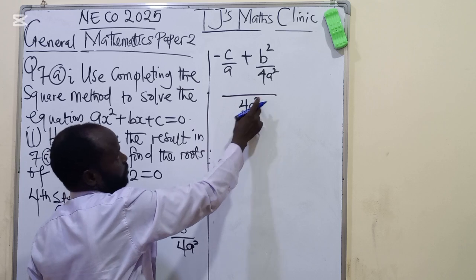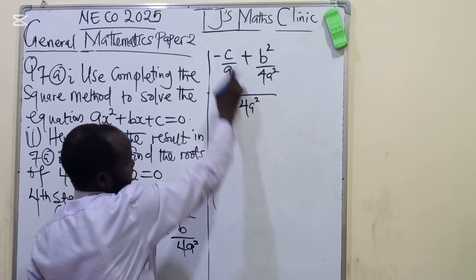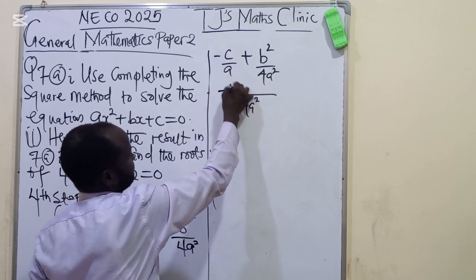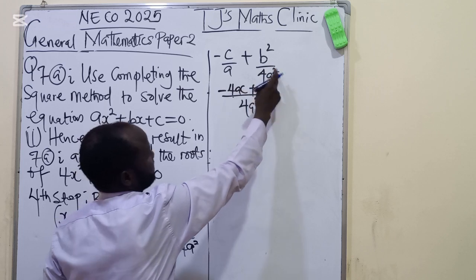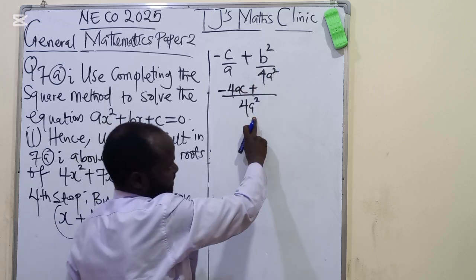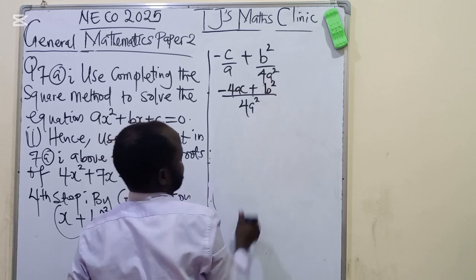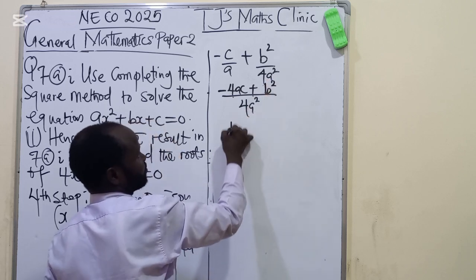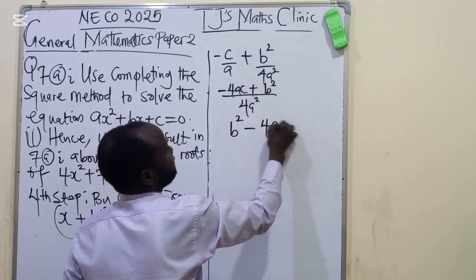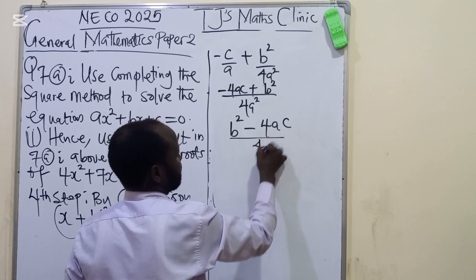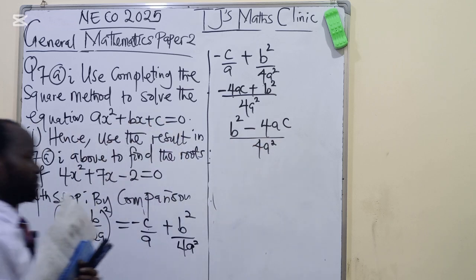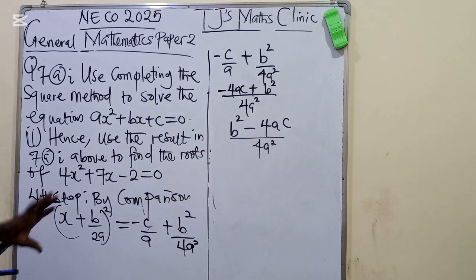A into 4a squared will be left with 4a times minus c, that will be minus 4ac, plus 4a squared divided by 4a squared will be 1 multiplied by b squared, that will be b squared. We can write this as b squared minus 4ac divided by 4a squared. Very important. This will be our right hand side.